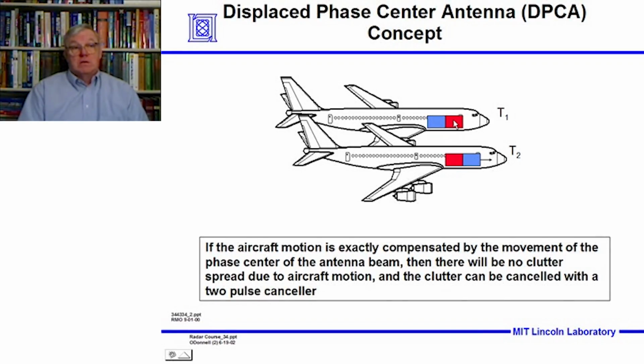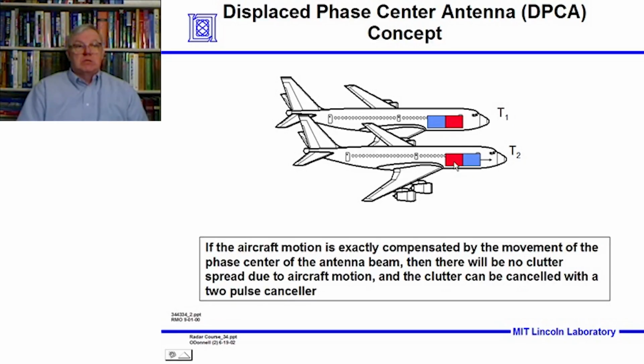So we can generate, using the back half of the antenna, another beam, which in physical space, remember the aircraft's moving, not in space relative to the moving aircraft, but in space fixed relative to the ground, the antenna's in the same place.